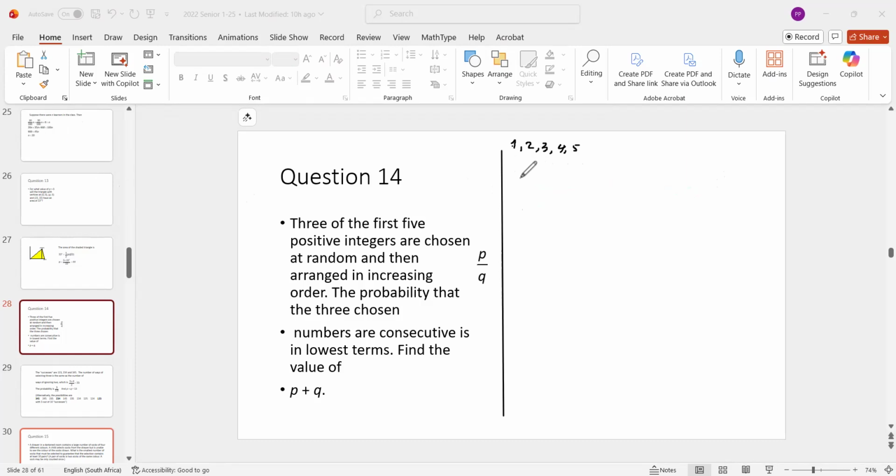I need to show you how to collect together all these things. Let them start with 1. So you can start with 1. You have 1, 2; 1, 3; 1, 4; 1, 5.